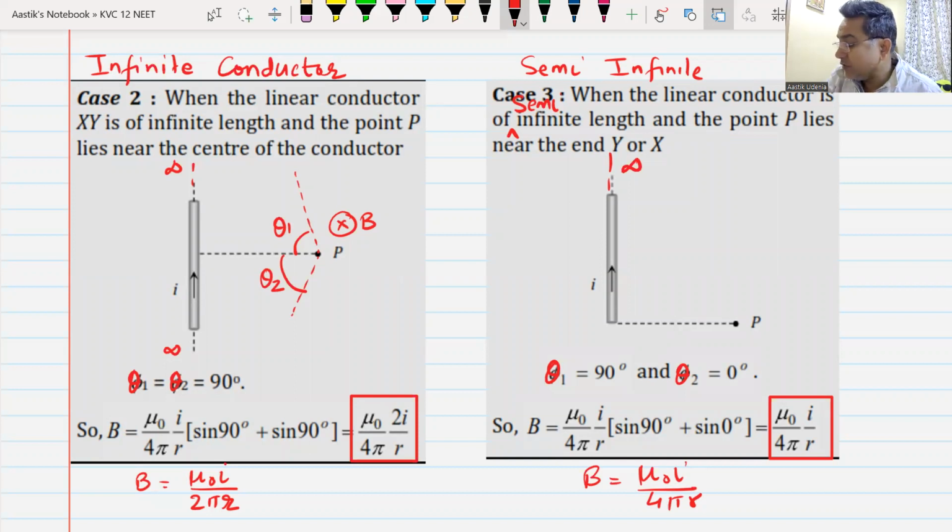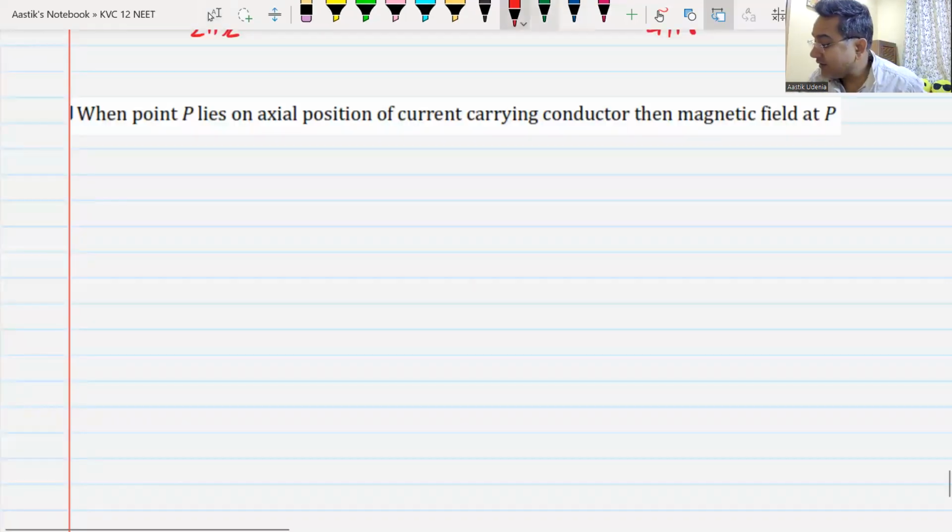And sometimes you will find a point lie straight ahead, or you can call it an axial position. When the point lies at the axial position, the magnetic field is going to be 0.